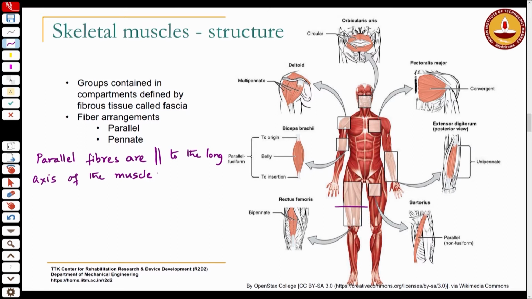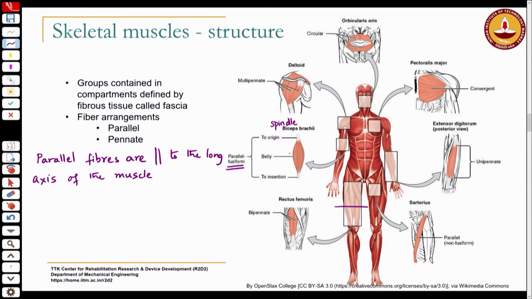In the parallel type of muscle, you have various kinds, various shapes that you could have. So, you could have the fusiform type, where it is like a spindle.